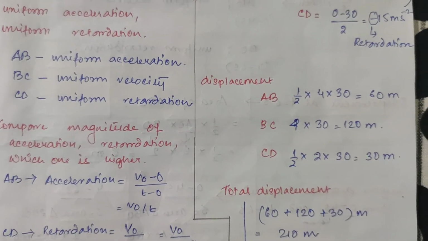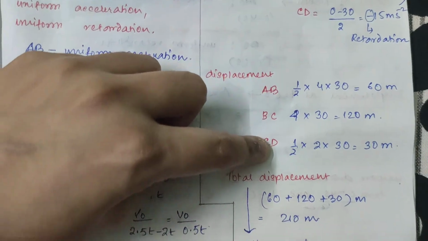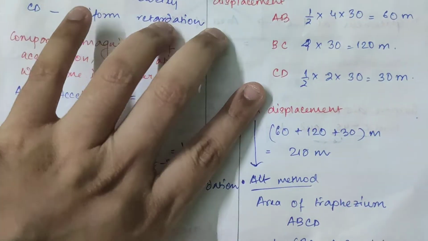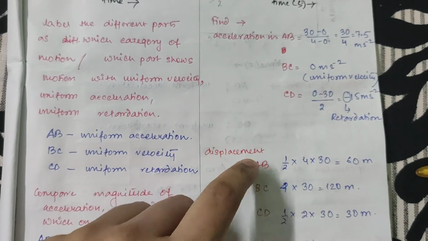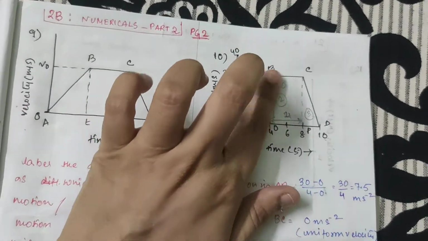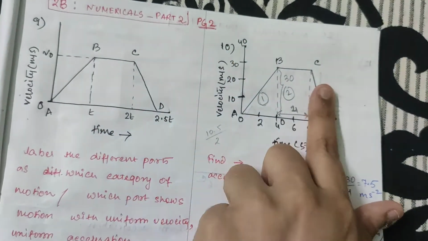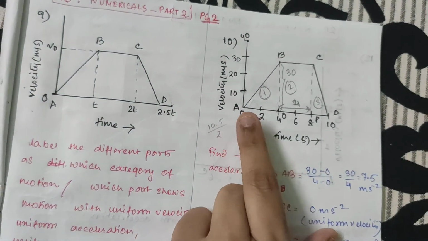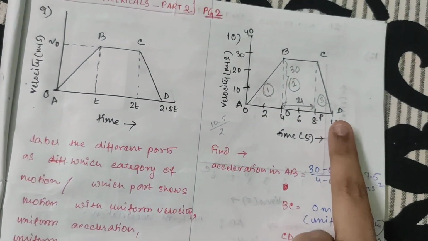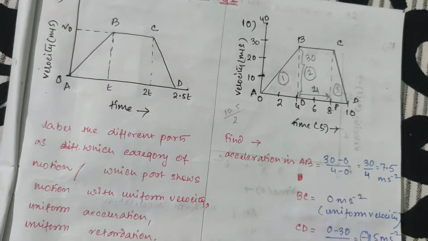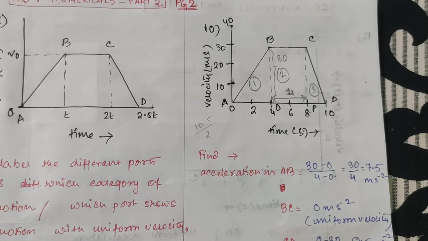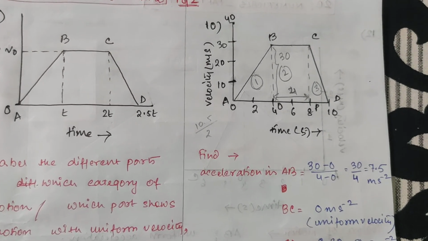What is the total displacement? You have to add these 3. An alternate method is, instead of finding individually this area and this area, simply see ABCD. Isn't it a trapezium? ABCD is a trapezium. What is the area of a trapezium?